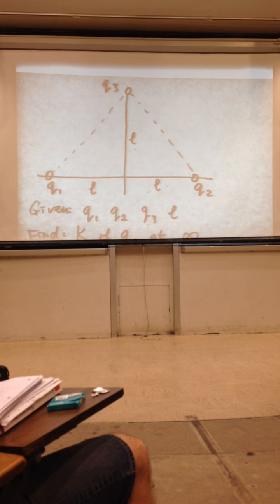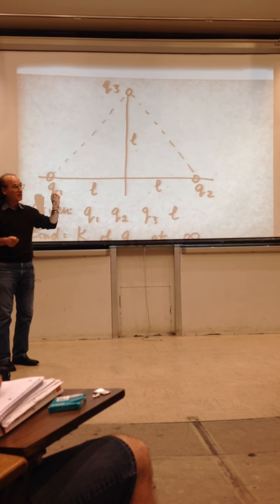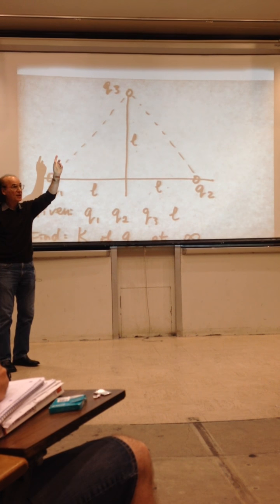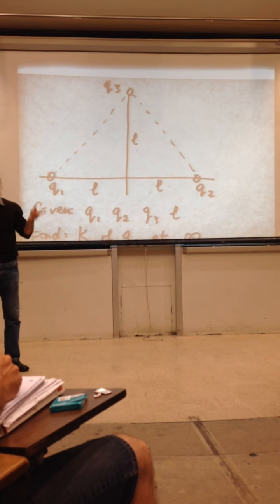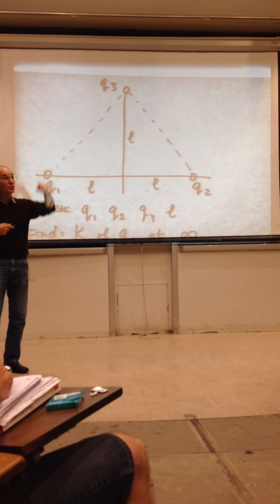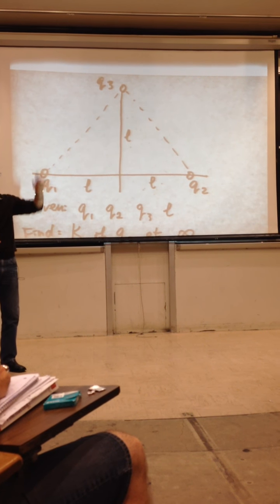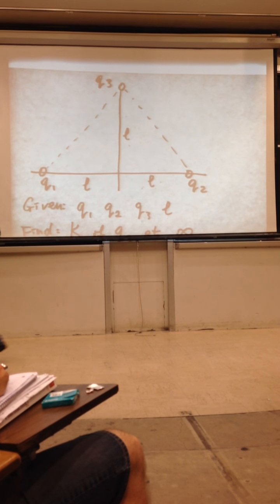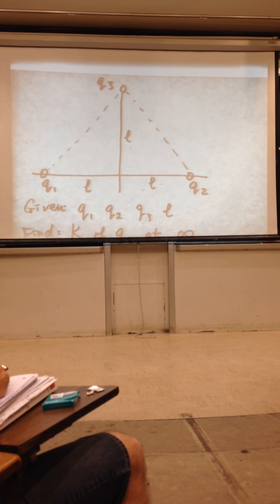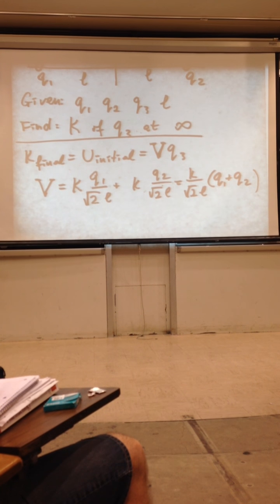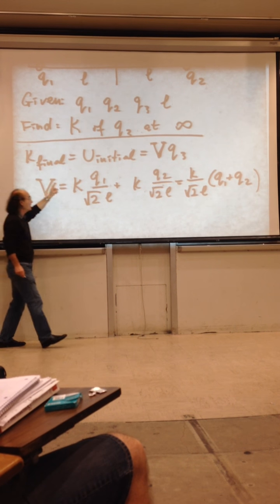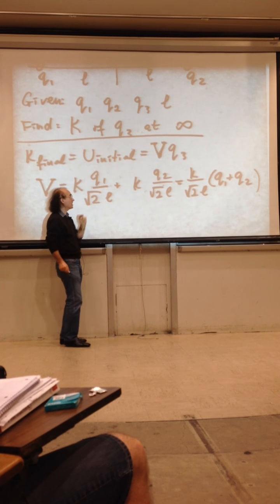By energy conservation, initially there is potential energy but no kinetic energy. At infinity there is kinetic energy but no potential energy, because potential energy is inversely proportional to distance. At infinite distance, potential energy becomes zero, and therefore final kinetic energy equals initial potential energy.